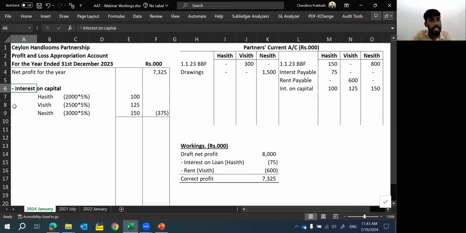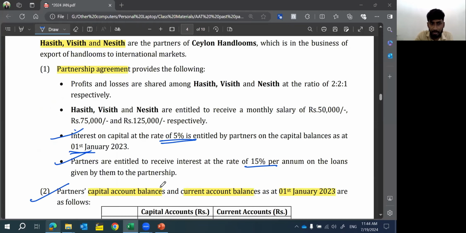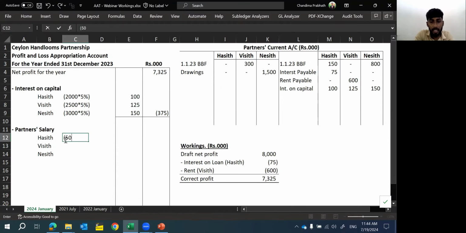Then the partners' remuneration, or partners' salary. Partners' salary is also for Hasit, Visit, and Nesit, respectively 50, 75, and 125. 50 into 12, then 75 into 12, then 125 into 12.